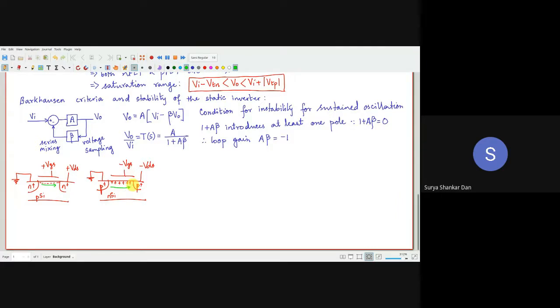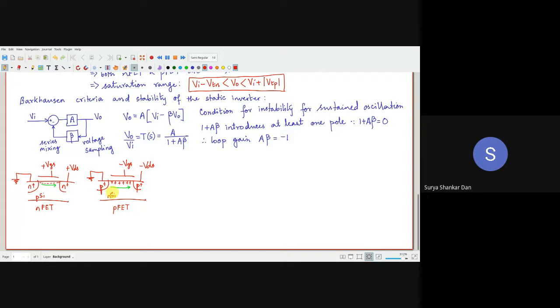Now, remember what I have shown over here is minus VDS with respect to the source, which is grounded. So this is basically your P field effect transistor. This is the N field effect transistor. N MOSFET, P MOSFET. अच्छा, बढ़िया है.